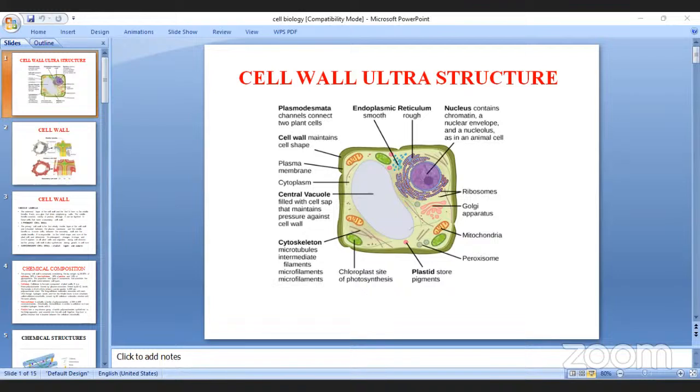We also started DNA replication last class. What is DNA replication? Making other copies. Right.